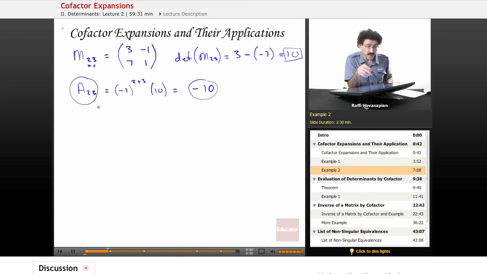Okay. So now that we have this thing called a cofactor, as it turns out, we can use it to evaluate determinants. Before, we used the properties of determinants to manipulate the matrix, find as many zeros as we can, maybe factor out some numbers, and essentially put it into upper triangular form, as you remember from the last lesson, and then multiply everything along the main diagonal.